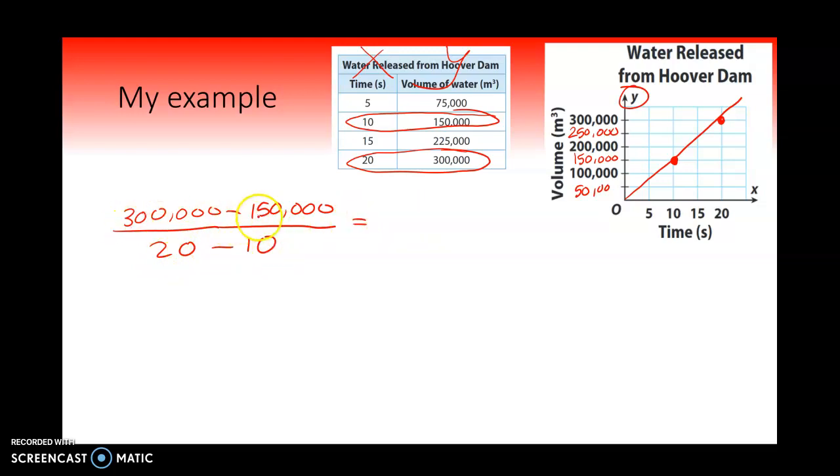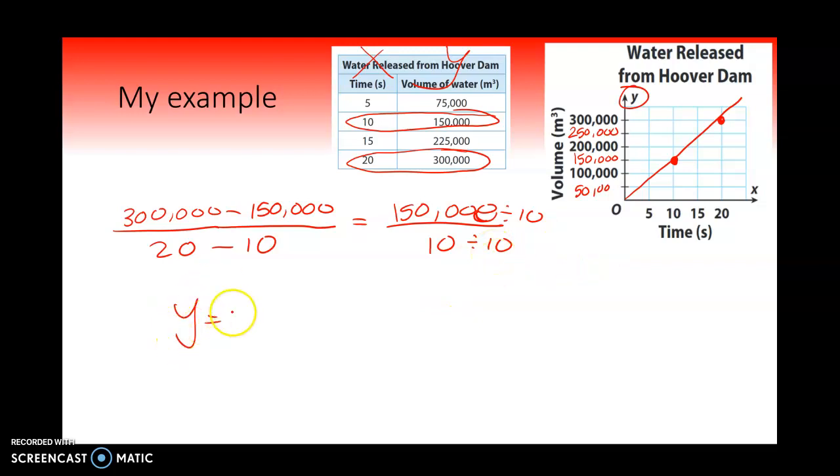So 300 minus 150 is 150, so it should be 150,000 over 10. Divide both of them by 10. The decimal moves over 1. So it's really just 15,000 over 1.